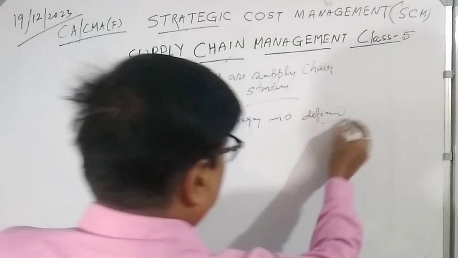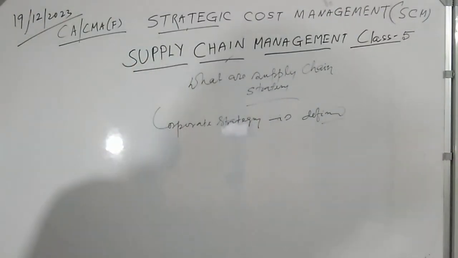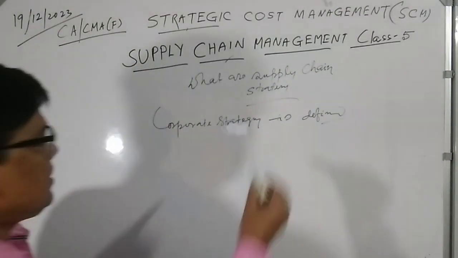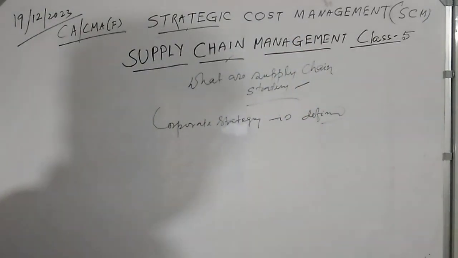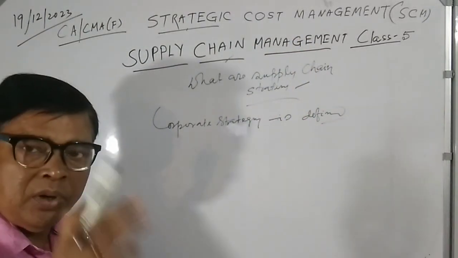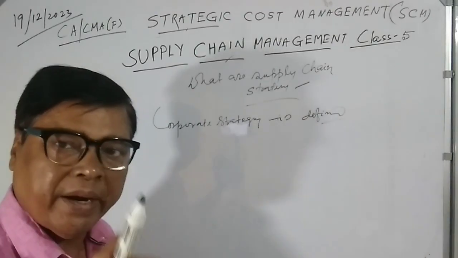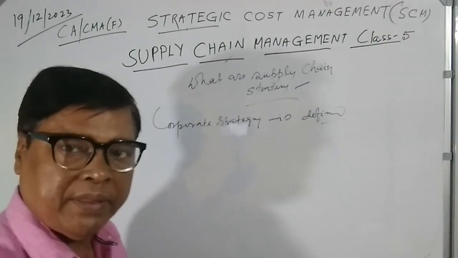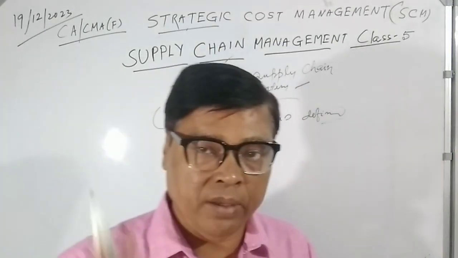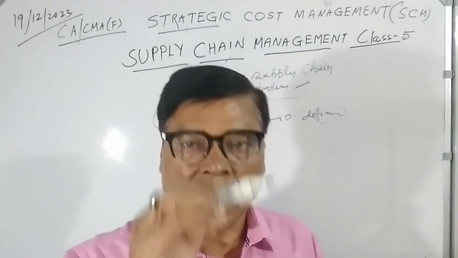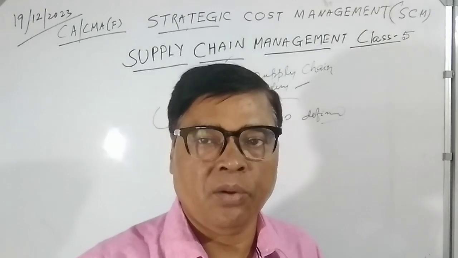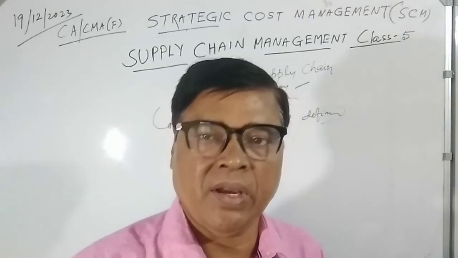Unless and until your corporate level supply chain strategy is defined, it will never function. You might be thinking so many things, but you have to define and design and percolate it down the level to all the functional areas.